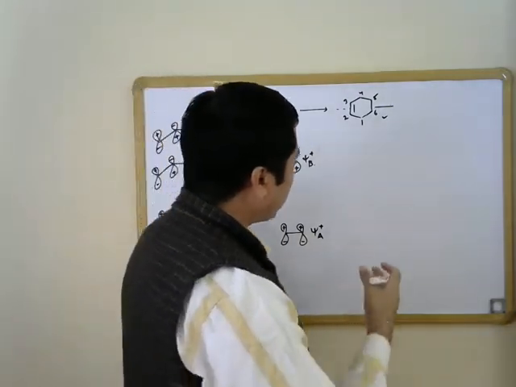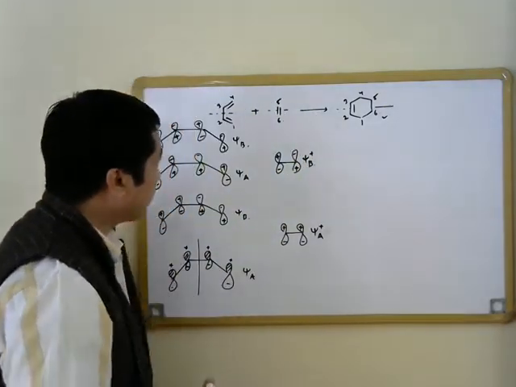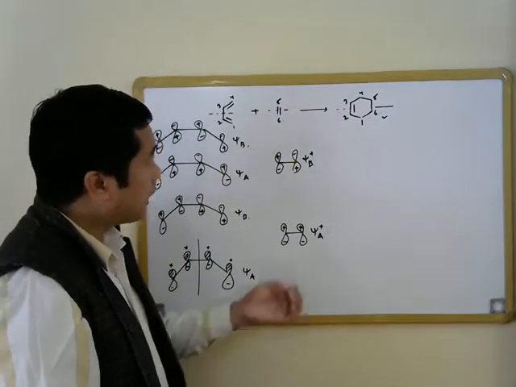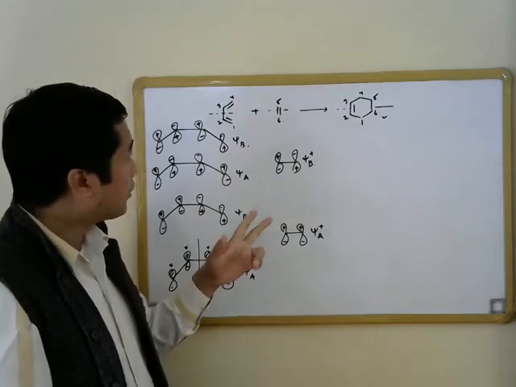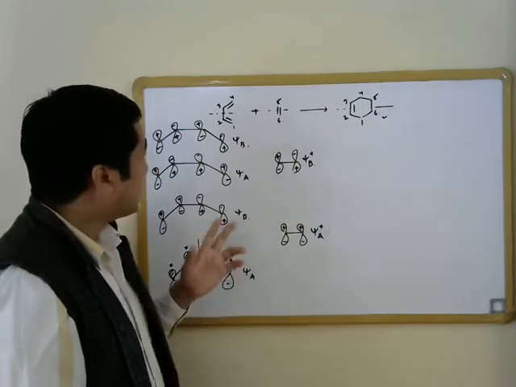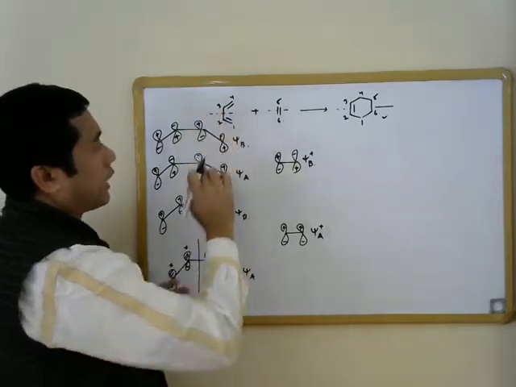And for these, again, we have two sets of orbitals to be drawn, for the new bonds that are formed here. Two sigma bonds are formed, and one pi bond is formed between C2 and C3.